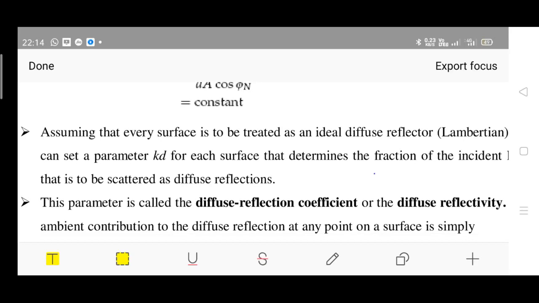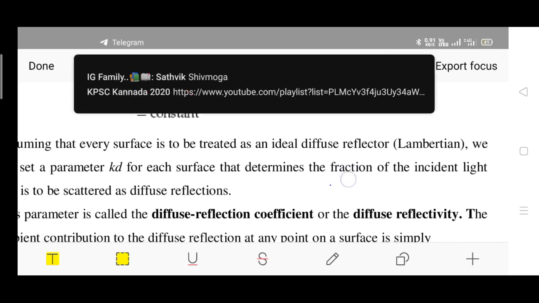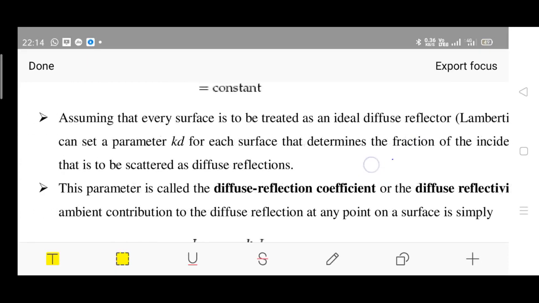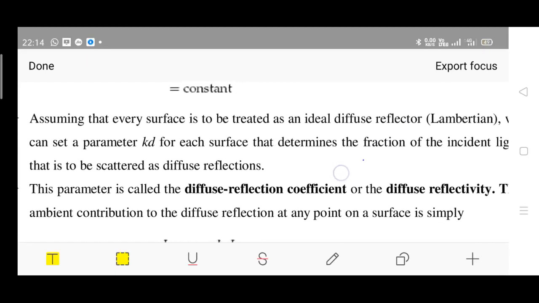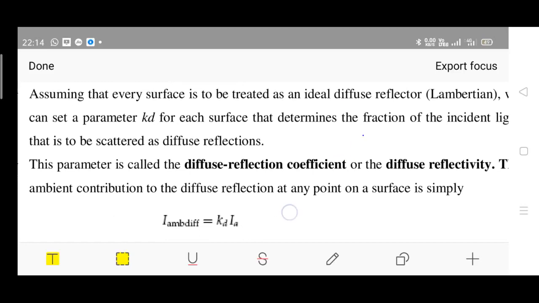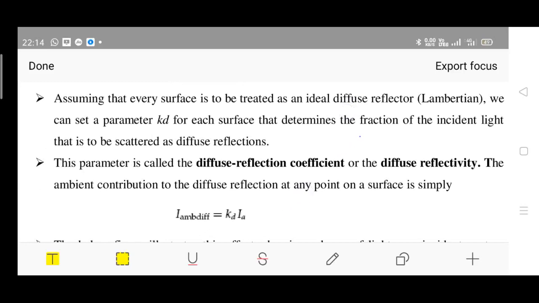Assuming that every surface is to be treated as an ideal diffuse reflector, the ideal diffuse reflector is called a Lambertian surface. We can set a parameter, say kd, for each surface that determines the fraction of the incident light that is to be scattered as diffuse reflection. The main thing is equal intensity.